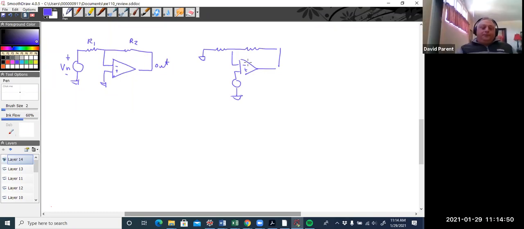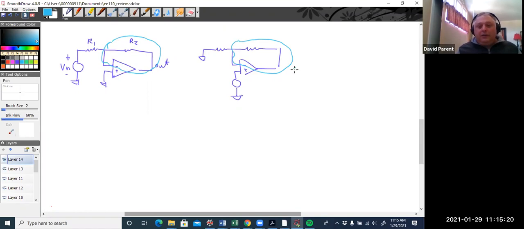So all of these amplifiers need something that connects V out to minus. If that isn't there, sometimes there are circuits that are just not going to be amplifiers.